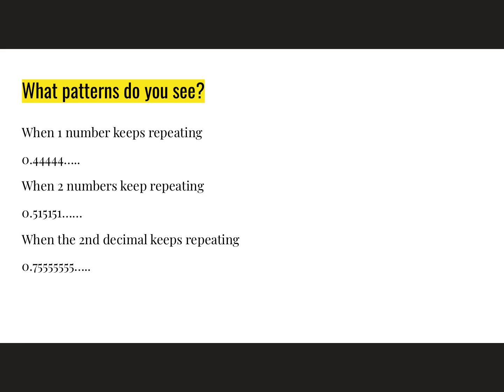So let's talk about some patterns here. If we look at these problems, you'll notice when we have one digit repeating, we do 10x minus x, which always gives us a 9 on the bottom of our fraction. So this is 4/9.